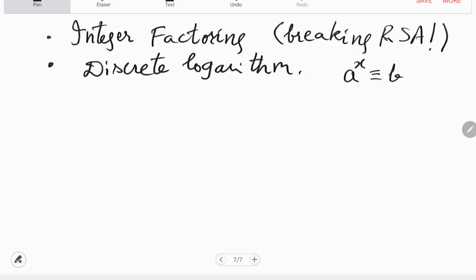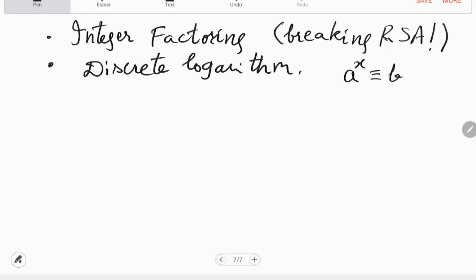So a and b are given and you want to find the exponent x such that a raised to x is equal to b, which again by the high school method is trivial, an easy thing to do, because you can compute log of b and log of a and take the ratio. But here all of that collapses because you are doing it modulo some number.